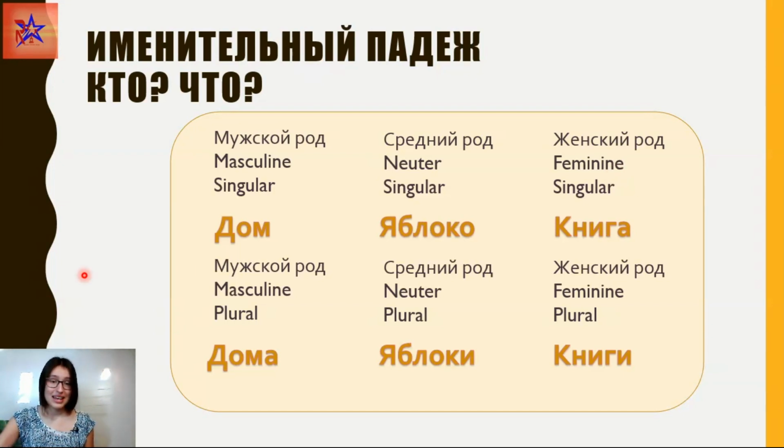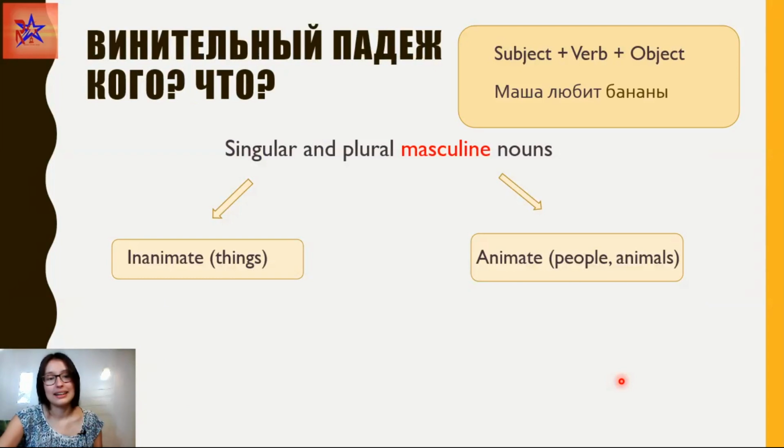And you need to remember if the noun is singular or plural. And now let's just see the initial forms of these three nouns, the nouns which you will find in the dictionaries, all in the nominative case. Дом, дома, яблоко, яблоки, книга, книги.